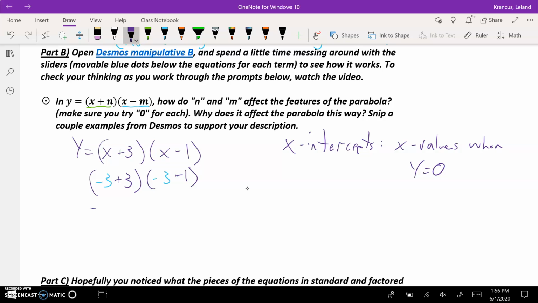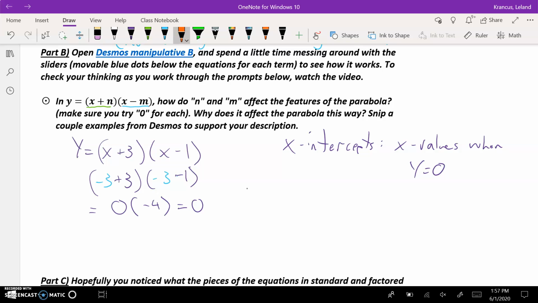So I now have y equals 0 times negative 4. Now that negative 4 actually doesn't matter. 0 times anything equals 0. So any x value that makes one of these expressions, either the x plus 3 or the x minus 1, equal to 0, is going to make the entire expression have a y value of 0.